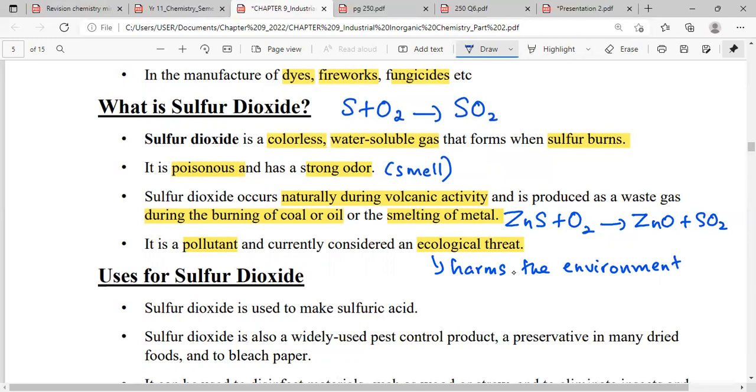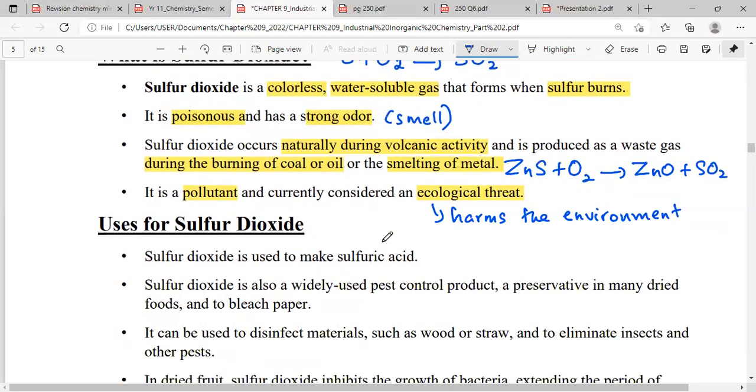It is a pollutant, of course, because sulfur dioxide is a gas. It causes air pollution. What other way does it harm the environment? Who remembers that? It causes acid rain. Okay, very good. Sulfur dioxide causes acid rain.